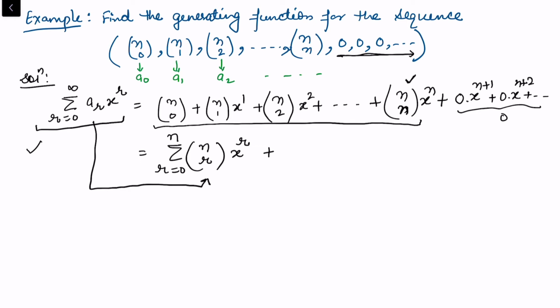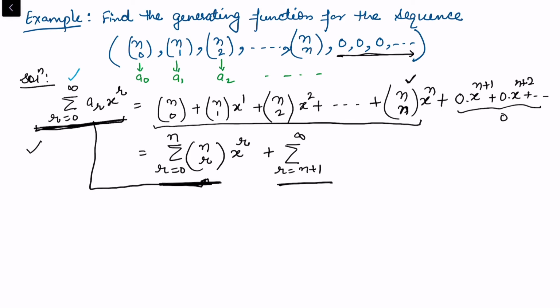For the remaining terms, because here you have written till infinity, for the next sum r varies from n plus 1 to infinity. So this total summation from 0 to infinity, I have split into first r goes from 0 to n, and then n plus 1 to infinity.